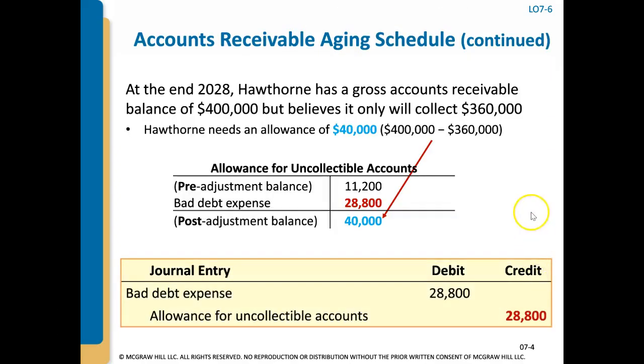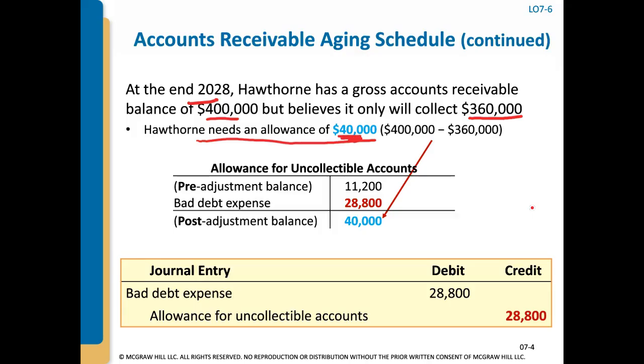Let's take this example: at the end of 2028, Hawthorne has a gross accounts receivable of $400,000, but believes it will only collect $360,000. And they've determined, based on the aging schedule, not from the previous slide, this is just a different example, that their ending allowance should be $40,000, right?